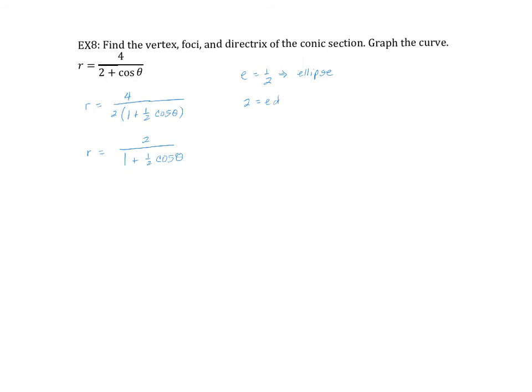And I know eccentricity is 1/2. So 2 is equal to 1/2 times d, which tells me that d is 4. So from that general form, one of my directrices is x equal to 4.